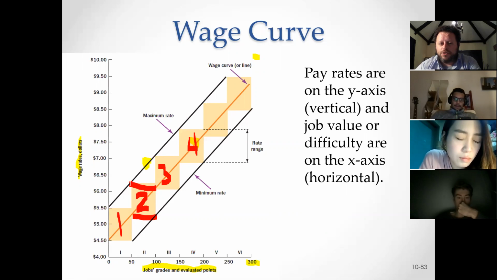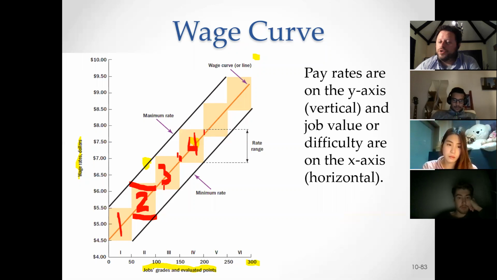So you can see there's an overlap, right? There's an overlap between the two grades where you could be earning more money in grade 2 than someone who just started grade 3. And there's a very specific reason for this overlap.